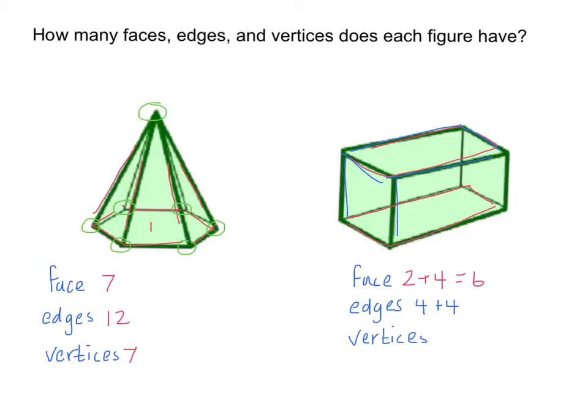And then going around the figure, I have another 4. So it looks like that will be 12 edges. And then for the vertices, it appears that I have 4 on that top edge and another 4 on the bottom. So that will be 4 plus 4, which will give me 8 vertices.